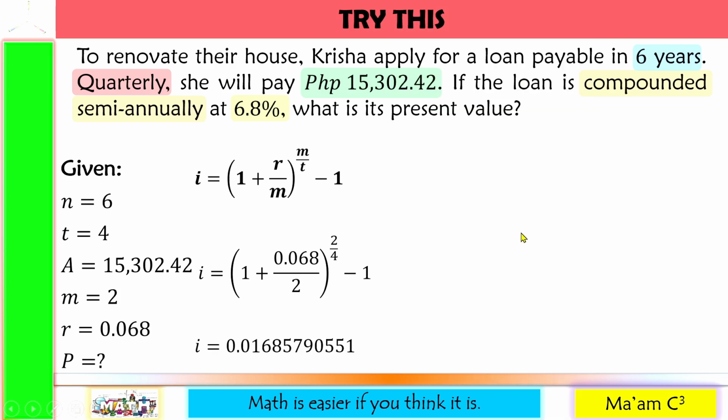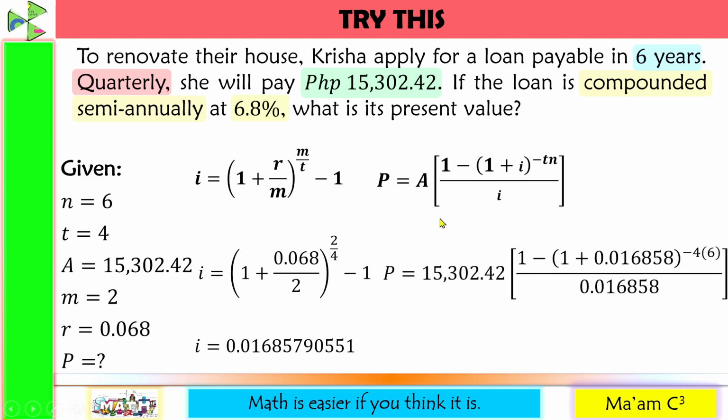Now, let us recall the formula of the present value. Substituting the values here, our A is 15,302.42. I rounded off to 6 decimal places. Our T is 4 and our N is 6.